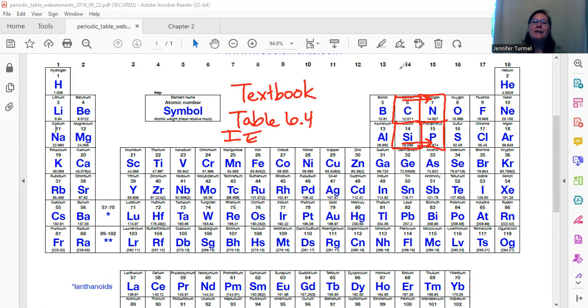And you can actually see, if you look in that, then from a low ionization energy to a high ionization energy, the order is a little bit easier to predict, whether it's silicon, phosphorus, carbon, nitrogen, or silicon, carbon, phosphorus, nitrogen. But we can see, if we look at those, that it's going to be silicon and then phosphorus and then carbon and nitrogen. And that is it.